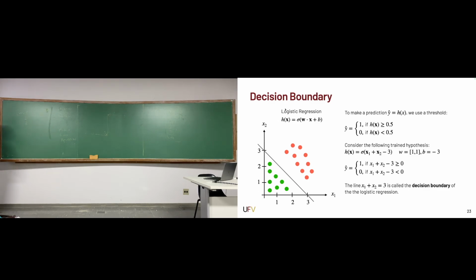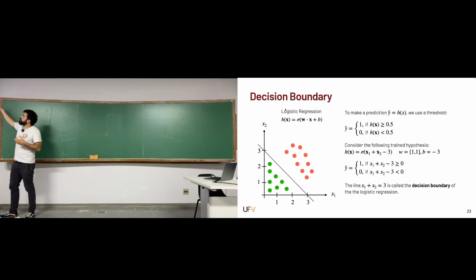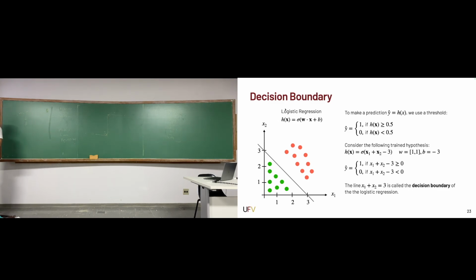Let's look at this more formally. Here is our logistic regression model. To make a prediction, y hat, we have to use a threshold, and we normally use 0.5. This could be changed, but we normally use that threshold. Our prediction is going to be 1 if h of x is greater than 0.5, and 0 otherwise.